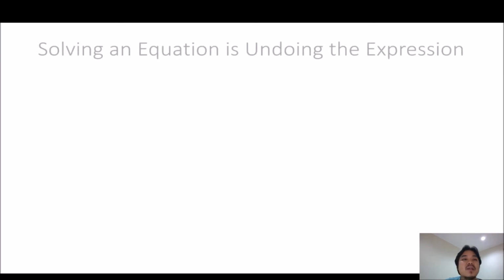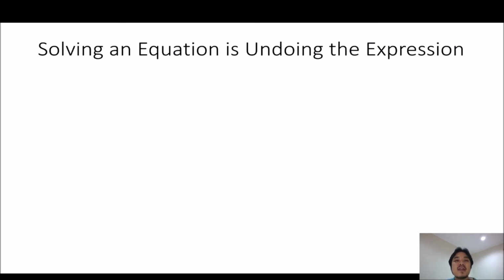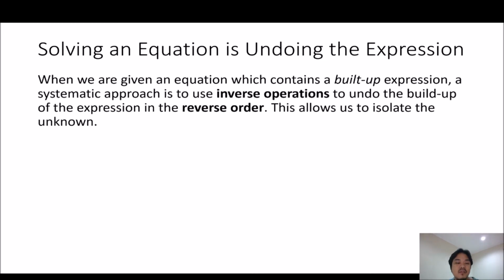Okay, take note, class, that when we are solving an equation, we are undoing the expression. So when we are undoing the expression, we will apply the inverse operation and also the reverse order of operations. A while ago, we talked about BEDMAS. So when we are undoing an expression, it means that we are doing the reverse order of operations.